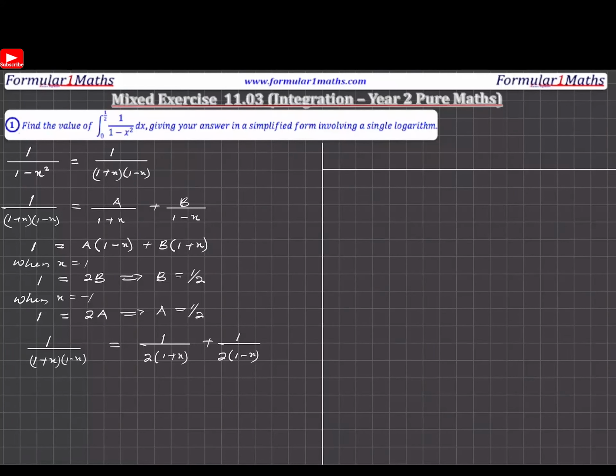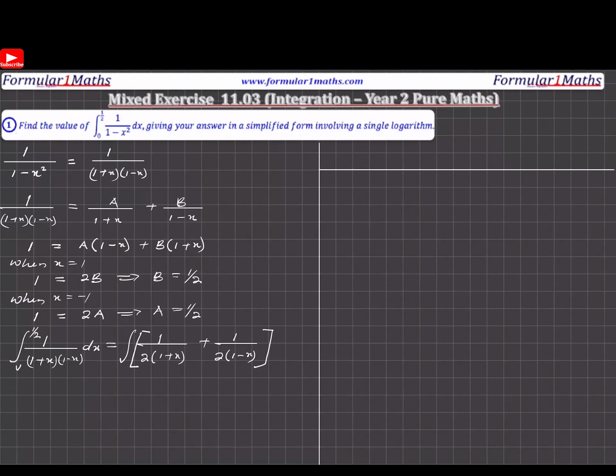So my integral will be as follows. Integral of that with respect to x from 0 to half will be equal to the integral of all that with respect to x from 0 to half. I can write this as follows.